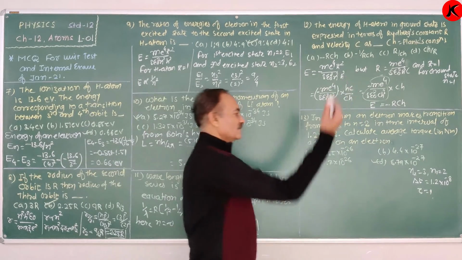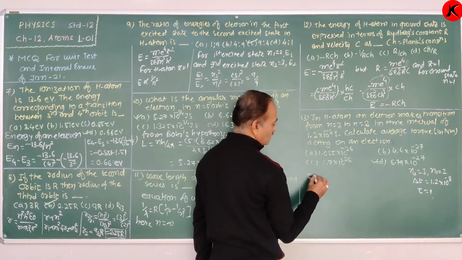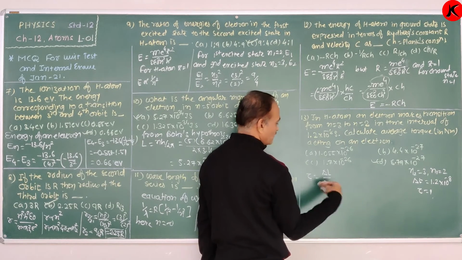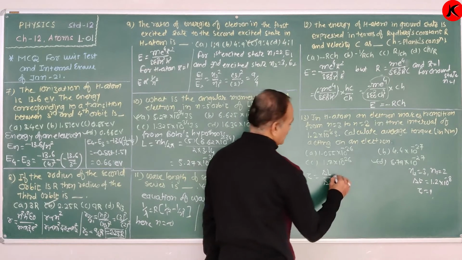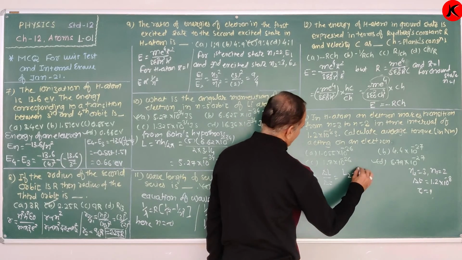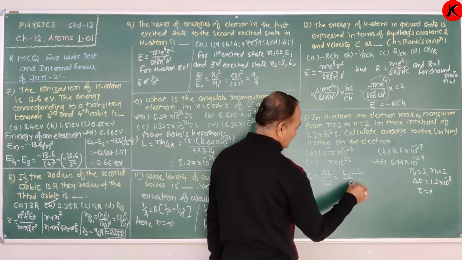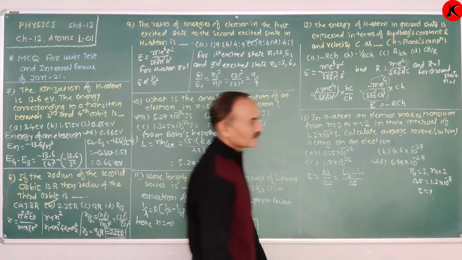In rotational motion, we learned that tau is equal to change in angular momentum with respect to time. Delta L upon delta t is equal to final angular momentum minus initial angular momentum upon the time interval.